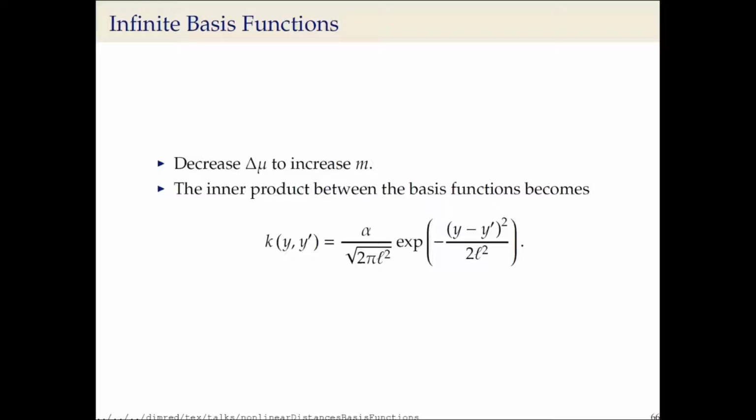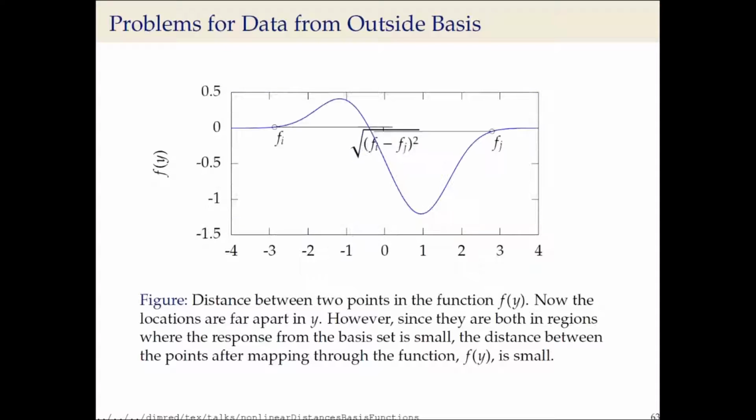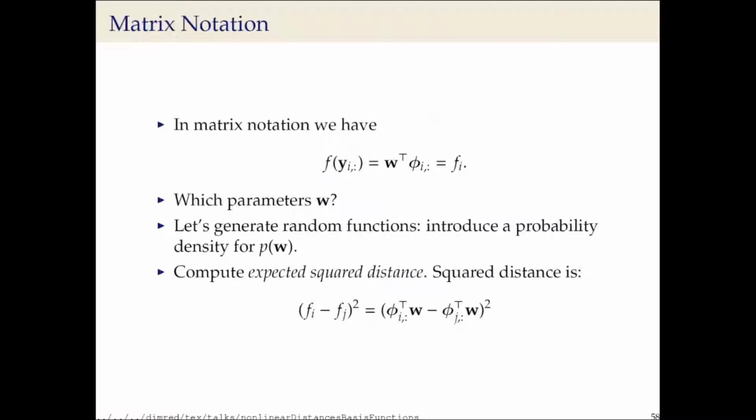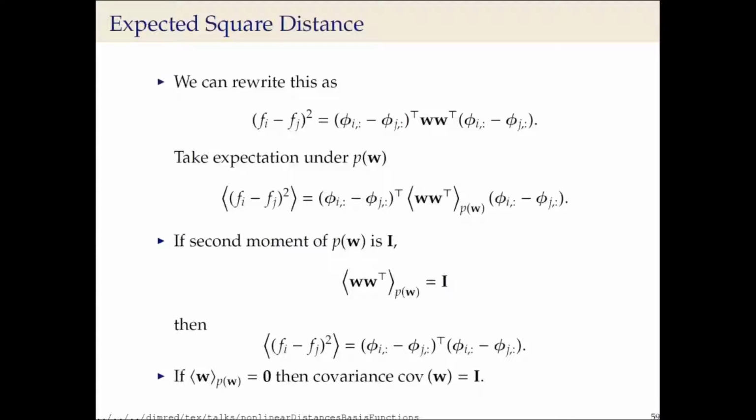If you do that inner product that we had for the basis functions before, you have to solve it with an integral because it becomes an infinite thing. You end up with a kernel matrix. So going back to this, for people who are used to kernel methods, this sort of becomes obvious.